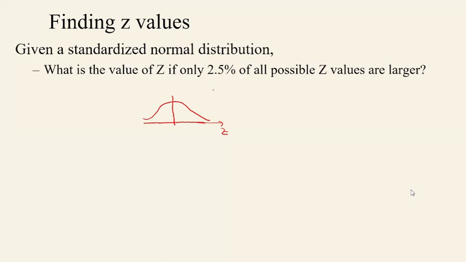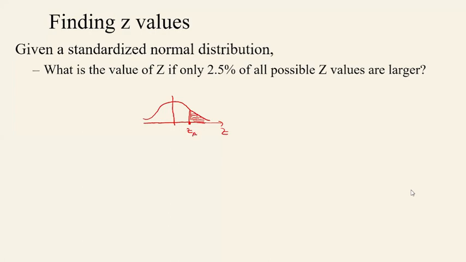Only 2.5% of all possible Z values are larger, right? So according to that one, 2.5% of all possible values are larger. These are the larger Z values. Only 2.5% should be larger Z values. So now this one we have to get.